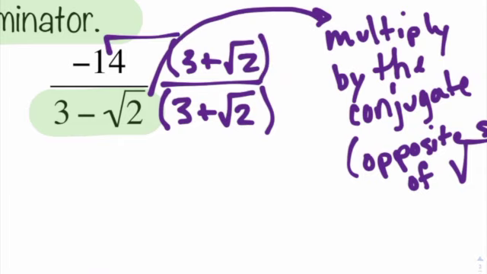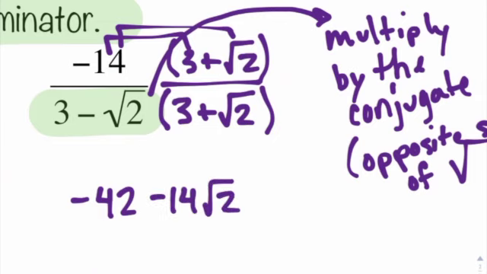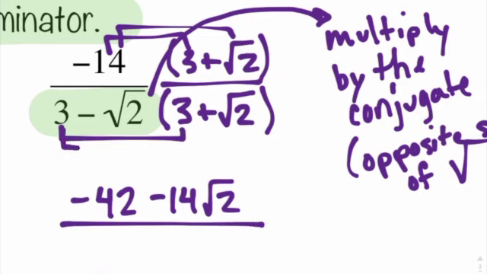On the top part, you'll just distribute. So negative 14 times 3 is negative 42, and then negative 14 times radical 2 is negative 14 radical 2. But on the denominator, you have to do this times this, this times this, this times this, and this times this.